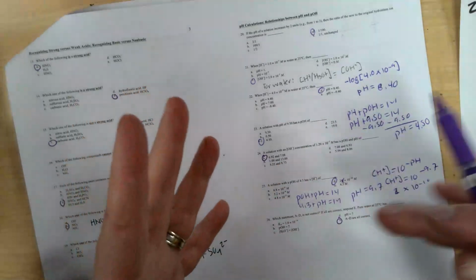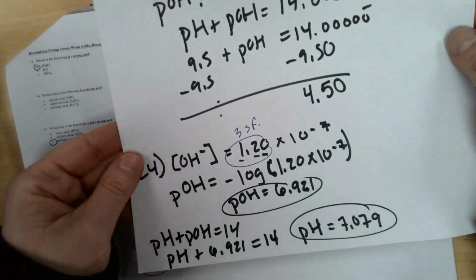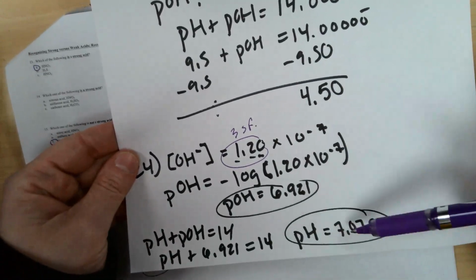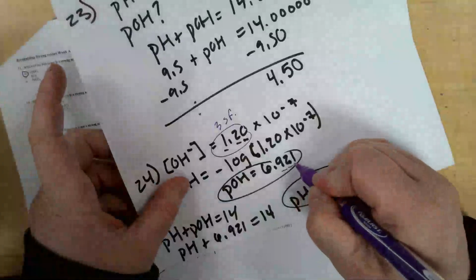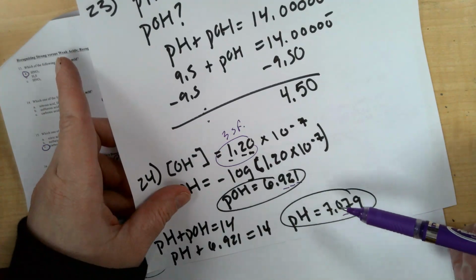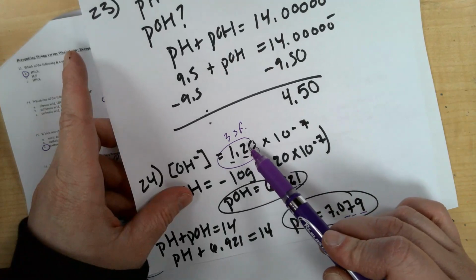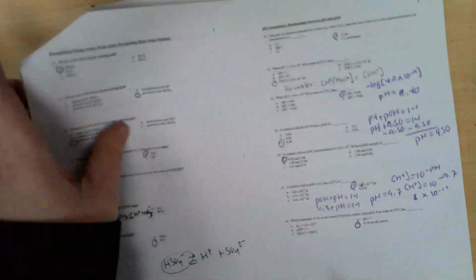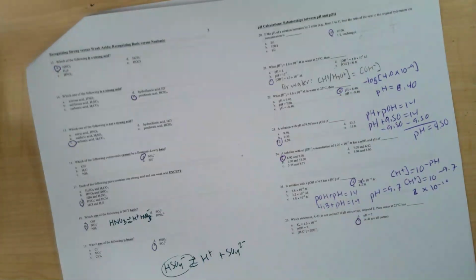It's the only close one to what we got, but the correct answer that you guys should have are these numbers here, because you do get 3 sig figs, because for pH and pOH only the digits after the decimal count for sig figs, and we're basing it off our initial measurement of that concentration, where all of this counts as sig figs here. Okay, so 25, let me get another piece of paper.